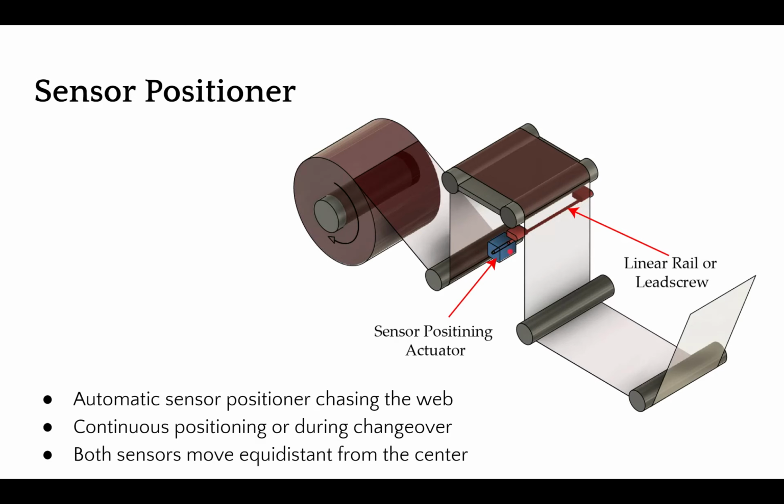The actuator can be electromechanical, or it could also be hydraulic, but most commonly electromechanical actuators are those that are used right now. So an automatic sensor positioner is used to move the sensors so that the web width changes are accommodated by this system.